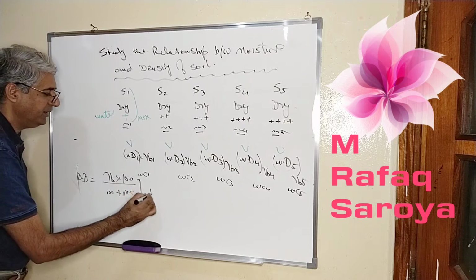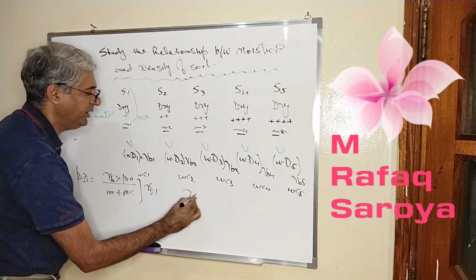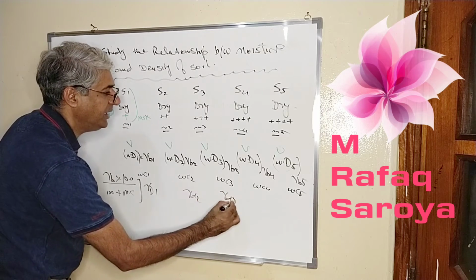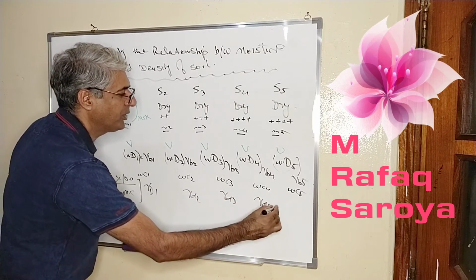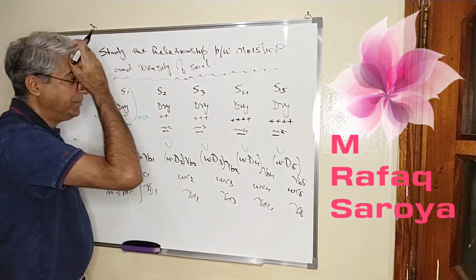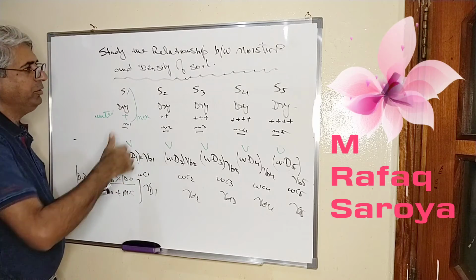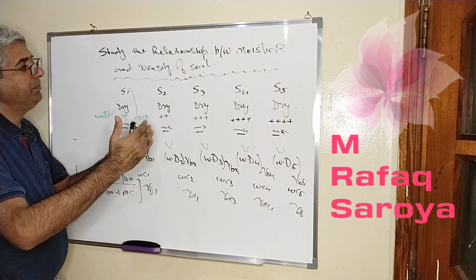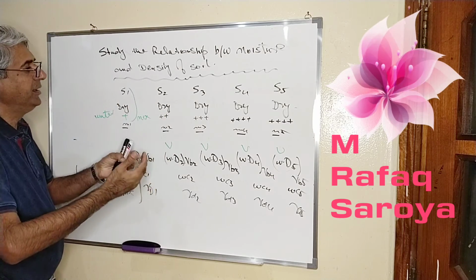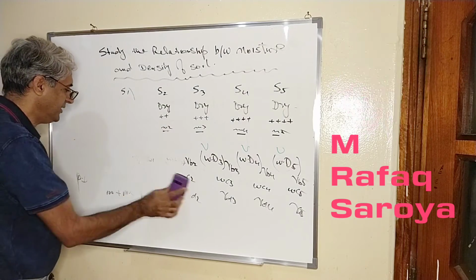So it will be gamma D1, gamma D2, gamma D3, gamma D4, and gamma D5. Whatever I have explained over here, I will give you one example. Then you will be able to understand very well how the calculation is done. Let me rub all this.